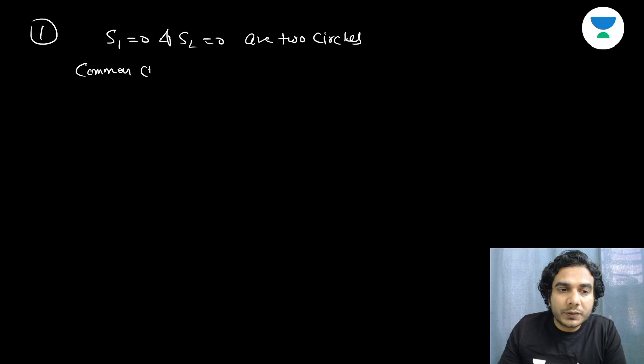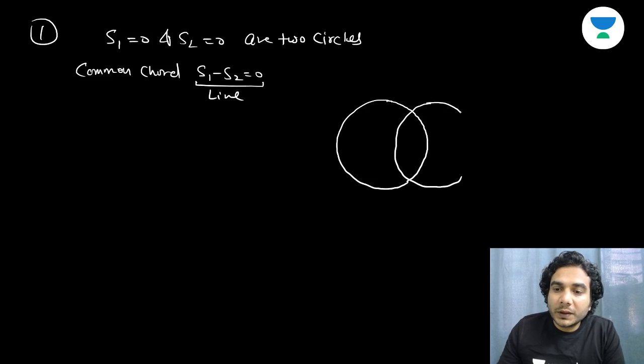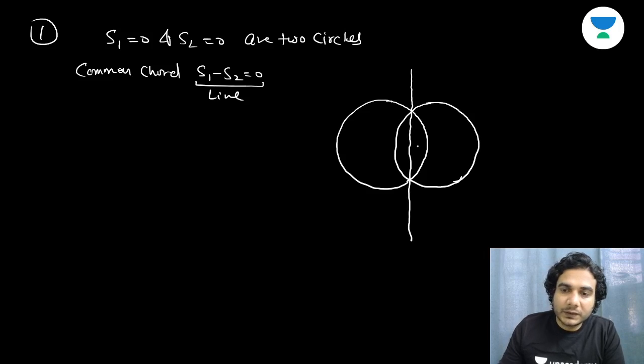So common chord is s1 minus s2 is equal to 0. It's a line, right? So now we have got a line which is also passing through the same points where these two circles are intersecting. So now we have got three curves: two circles which were already given, and this line using s1 minus s2. That is, s1 minus s2 is equal to 0, s1 is equal to 0, and s2 is equal to 0.